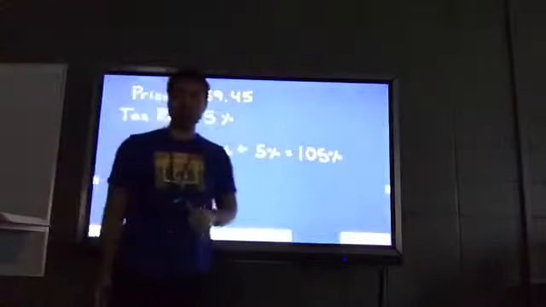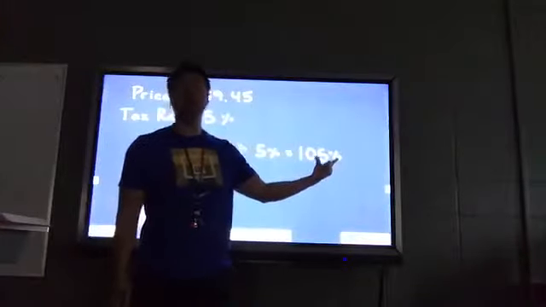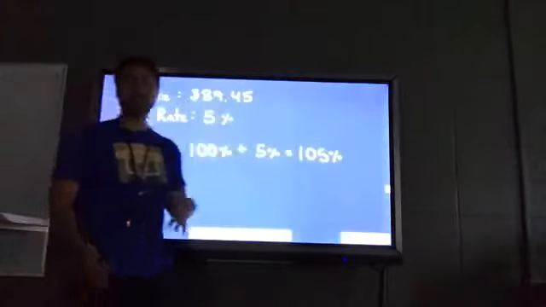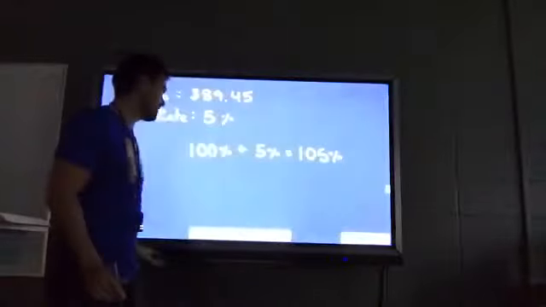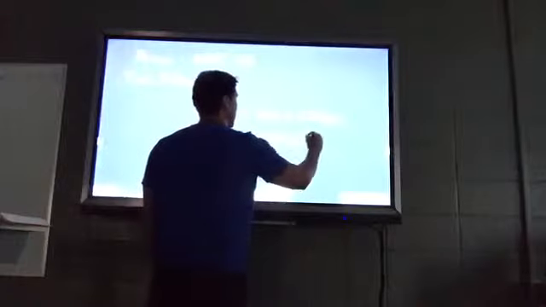Did you hear the word that I used in between those two numbers? 105% of $89.45. What does the word of mean in math? Multiplication. I'm paying 105% of $89.45.